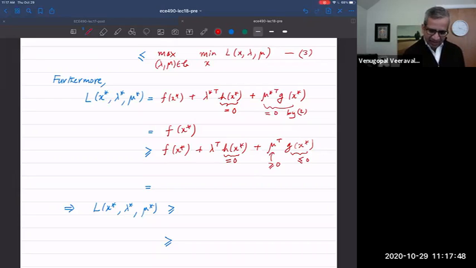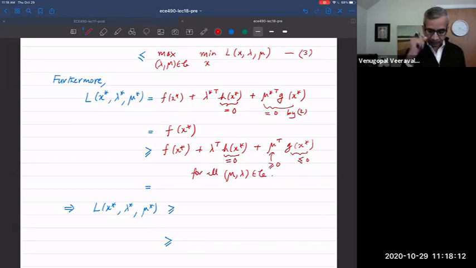So the first term is 0, and I'm adding something that's not positive to it, so f of x star will be greater than this side. This holds for all lambda, mu belonging to our constraint set, all mu positive.